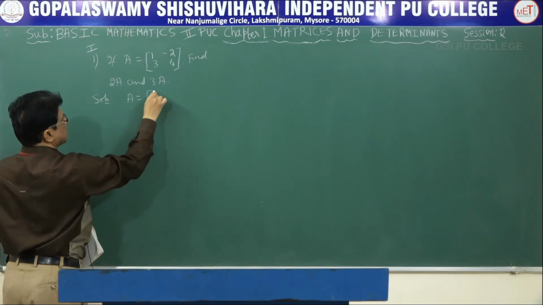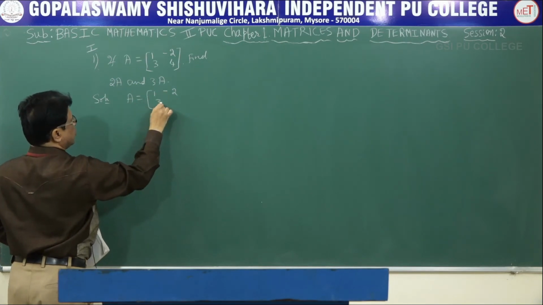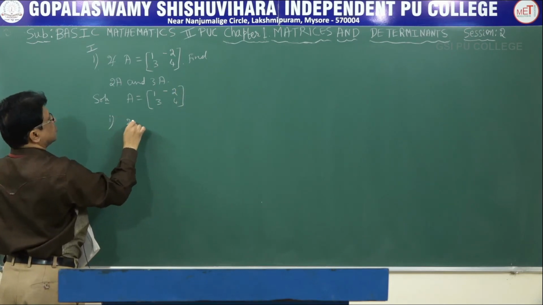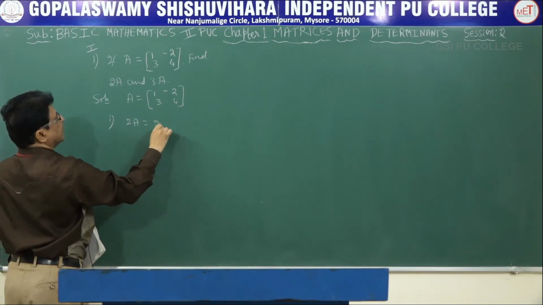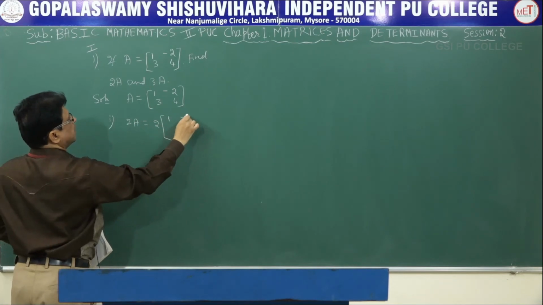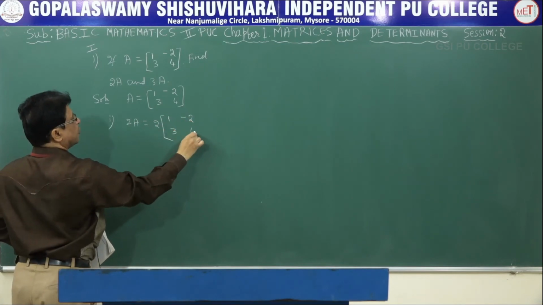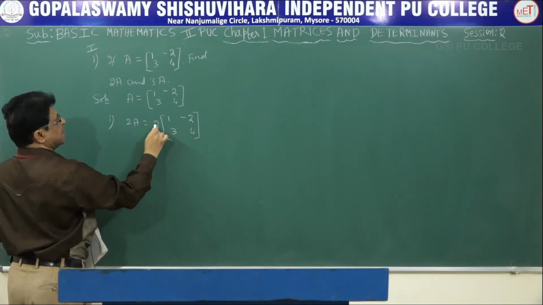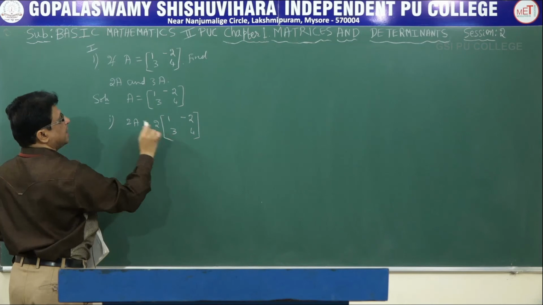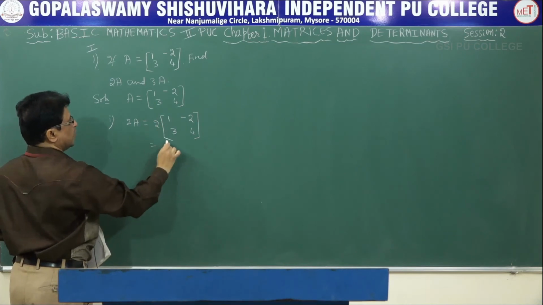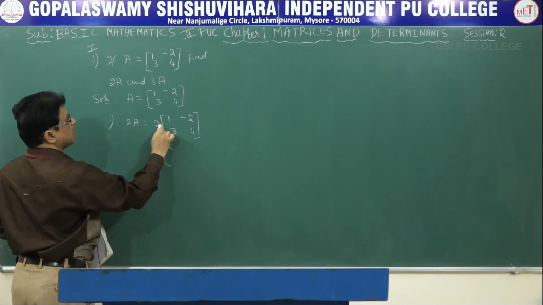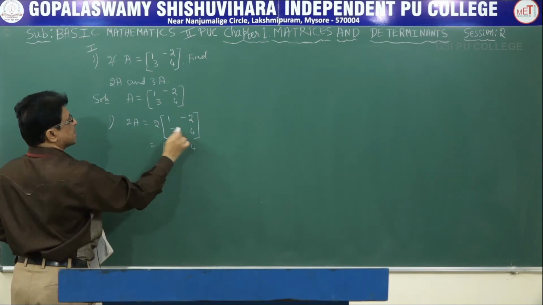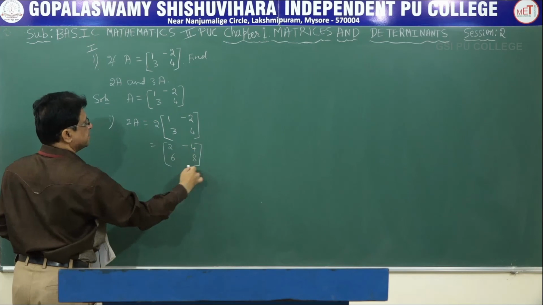A equals 1, minus 2, 3, 4. So 2A equals 2 into 1, minus 2, 3, 4. So this is nothing but the scalar multiplication of a matrix. So 2 should be multiplied to every element of the matrix. So 2 ones are 2, 2 into minus 2, minus 4, 2 into 3, 6, 2 into 4, 8.